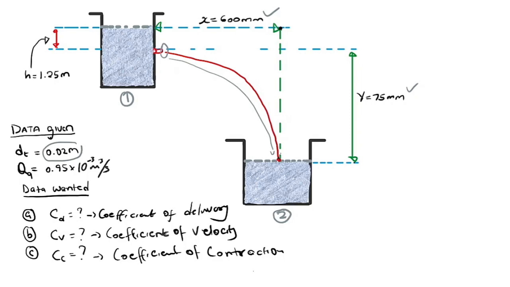Then we have the actual delivery, which is 0.95 times 10 to the exponent -3 cubic meters per second. Here we are required to find the coefficient of delivery, the coefficient of velocity, and the coefficient of contraction.